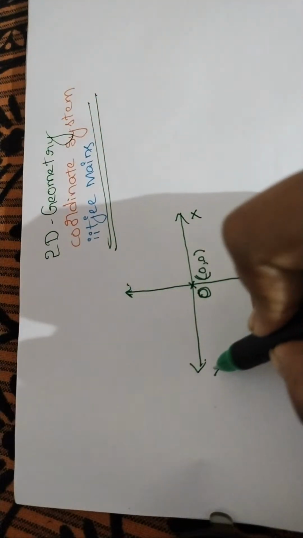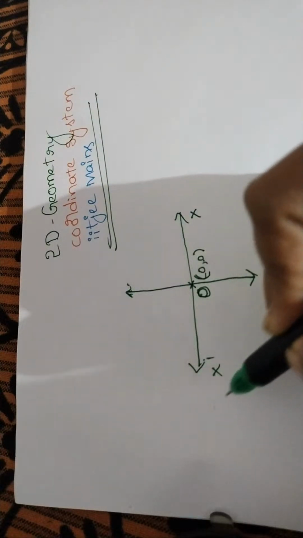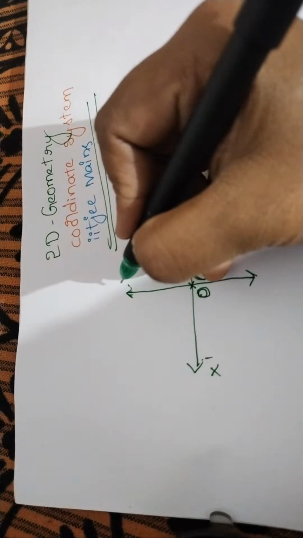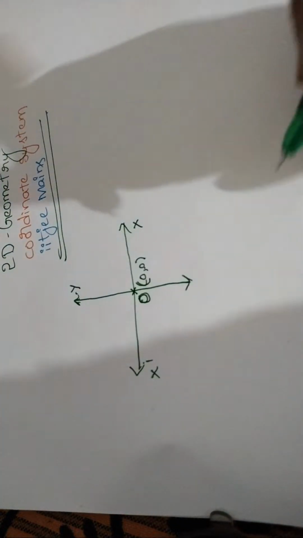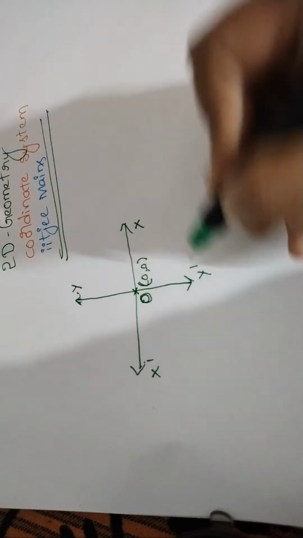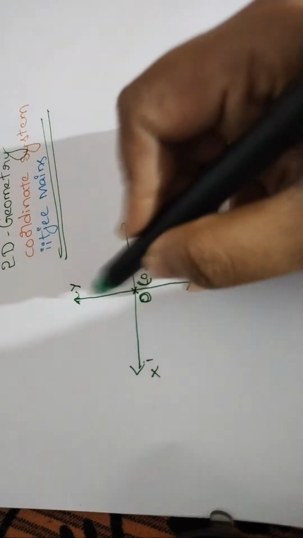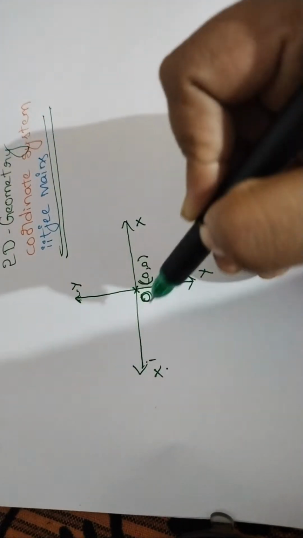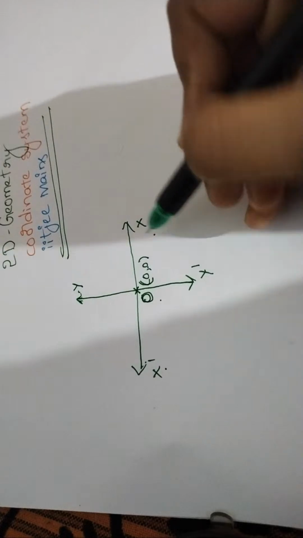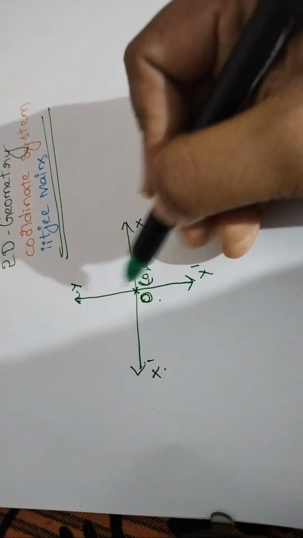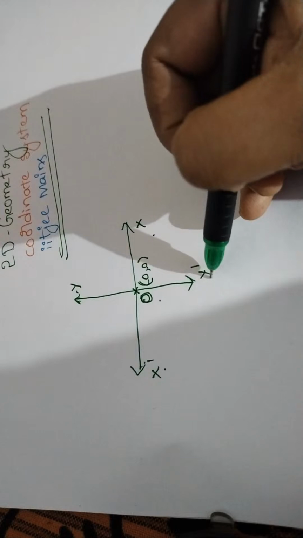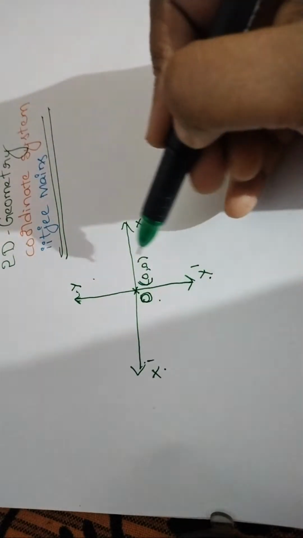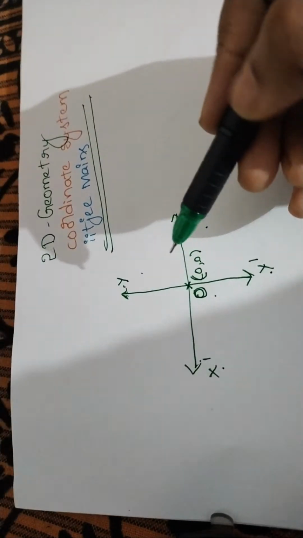Now this is x dash, meaning negative values, negative x, and this is y, and this is y dash. So I am taking perpendicular lines here. The horizontal line is x dash o x, and the vertical line is y dash o y. So these straight lines are called the coordinate system.